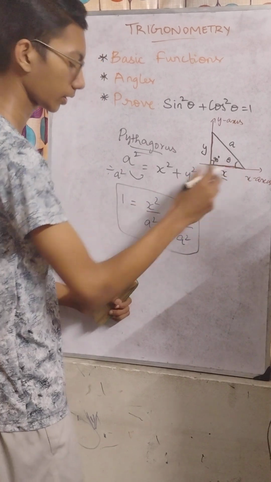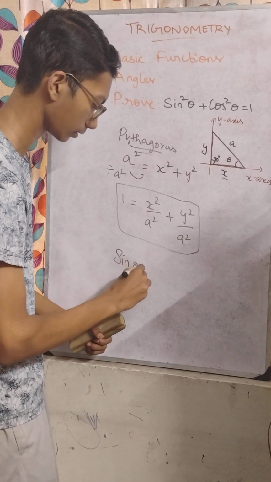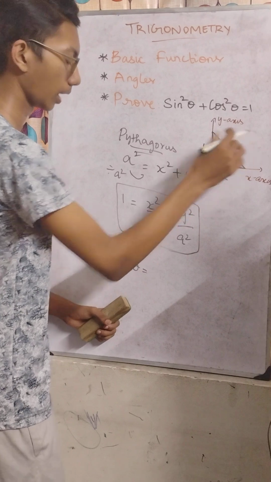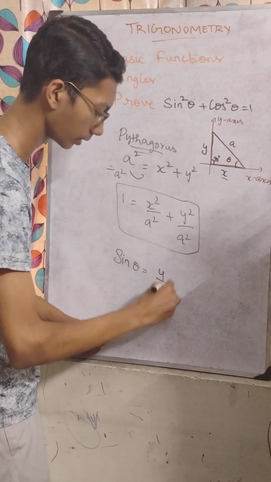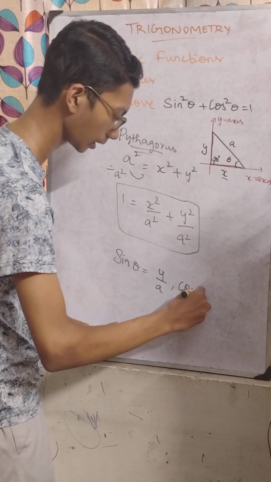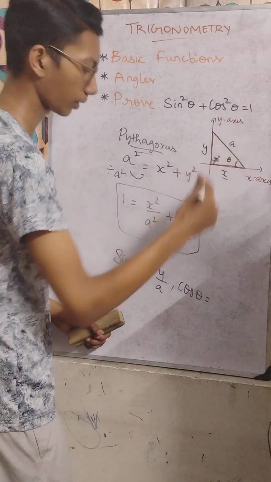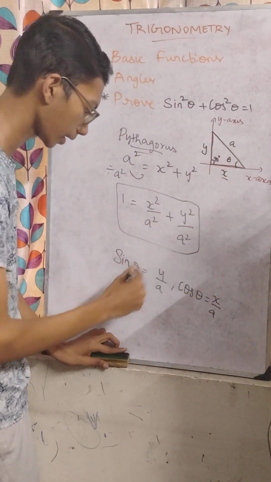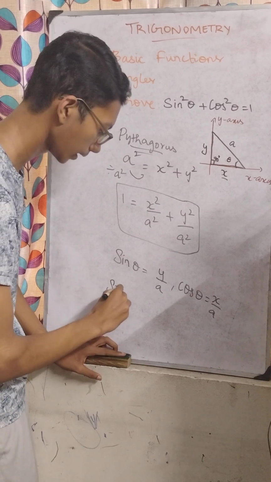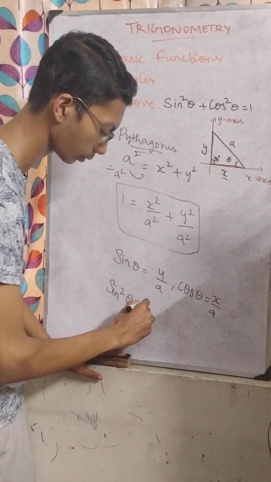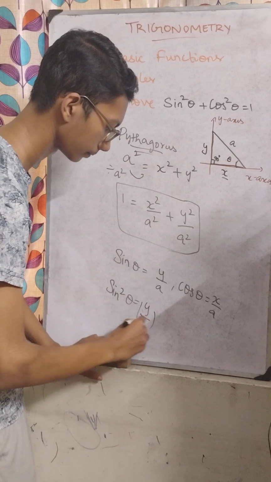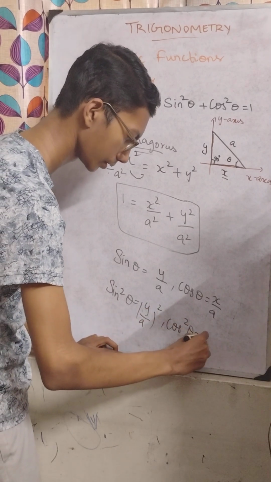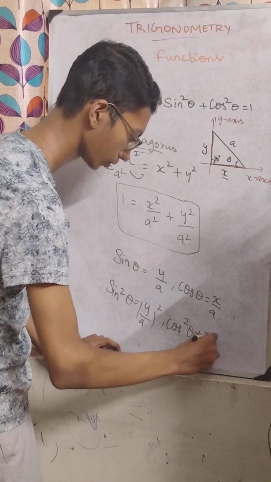Now we will take sine theta. From this diagram, as we saw earlier, sine theta is opposite by hypotenuse, so we have y by a. And cos theta is adjacent by hypotenuse, so x by a. Now we will square these terms and then add them. Sin square theta equals y by a the whole square, and cos square theta is x by a the whole square.